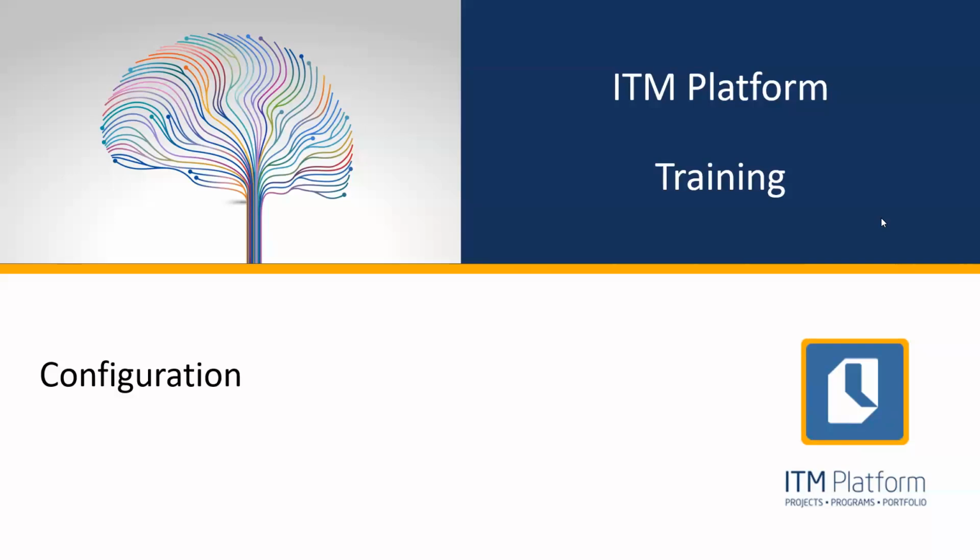But before we get started with the actual content, I would like to tell you also about our certifications. This training can also be used if you would like to get ITM Platform's certification.